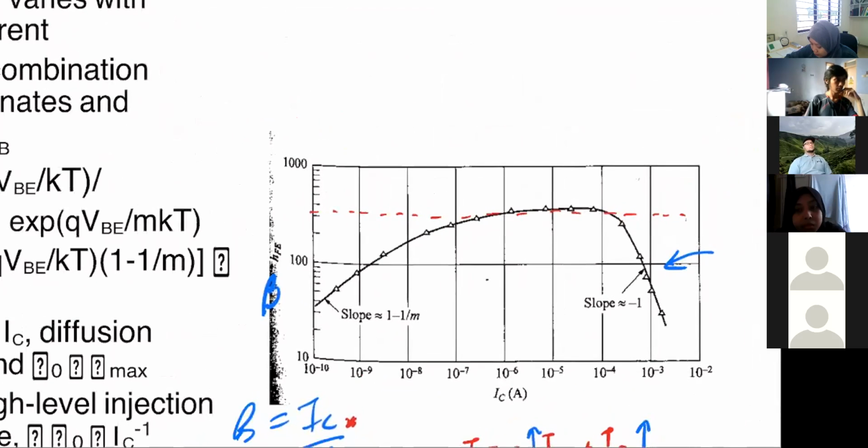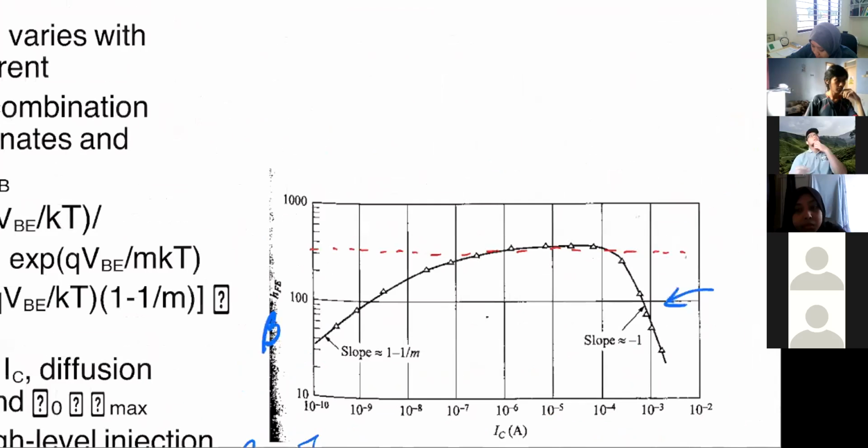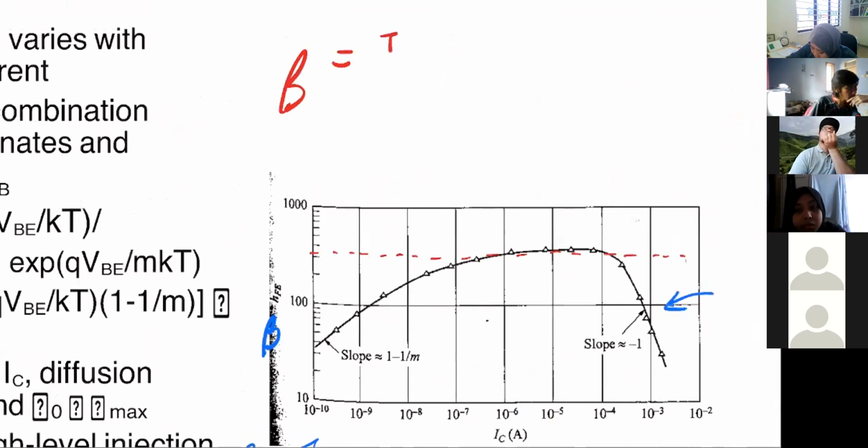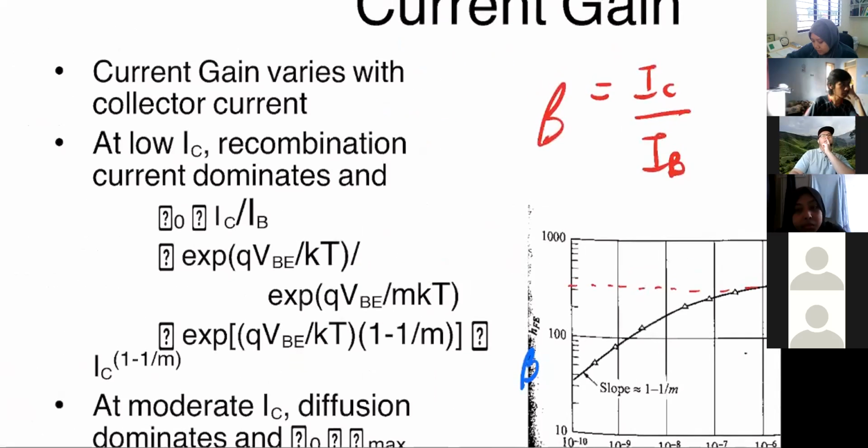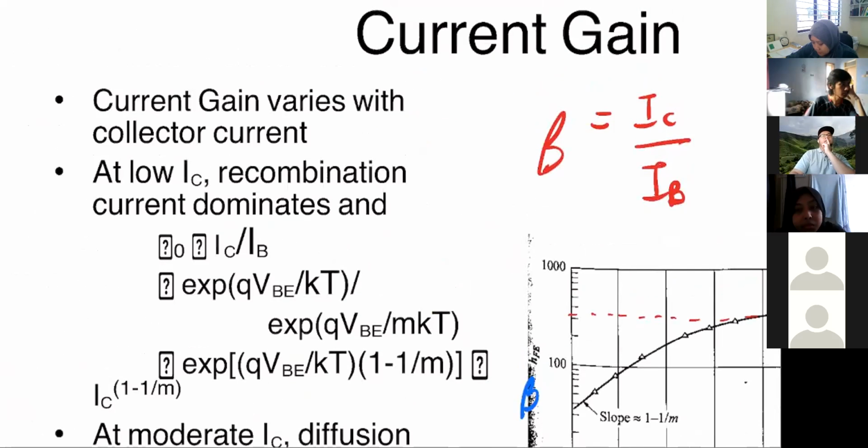Are you following me? Okay. You know what recombination current is? Huh?